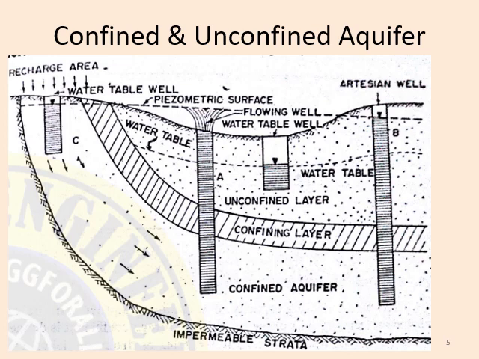In this case water is not flowing or coming out naturally, so it is named only an artesian well. And this well is penetrated or installed up to the unconfined layer or unconfined aquifer.